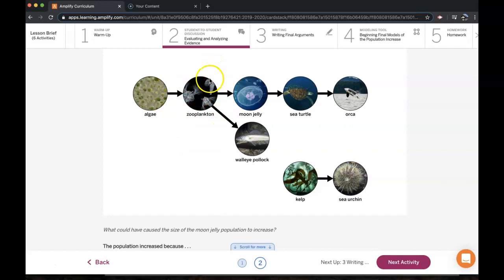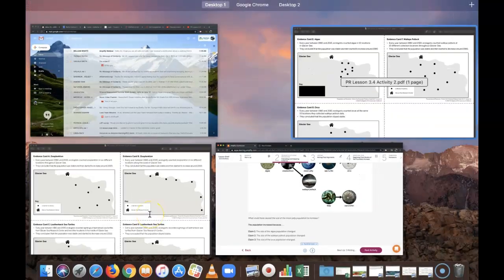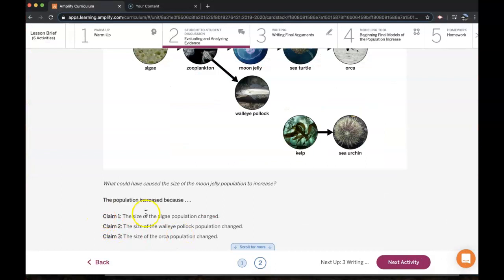If their population increases, there are more energy storage molecules for the moon jellies. When the moon jellies have more energy storage molecules, they reproduce more, their births become greater than their deaths, and their population will increase. So that's how evidence card A and E go with claim 1.